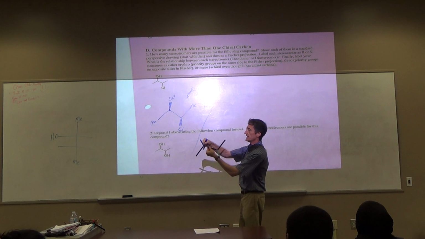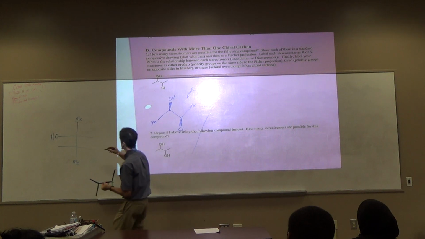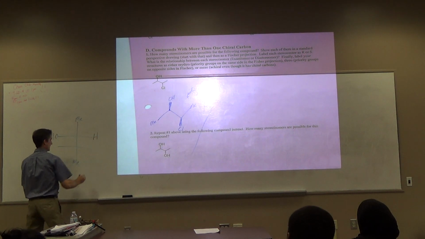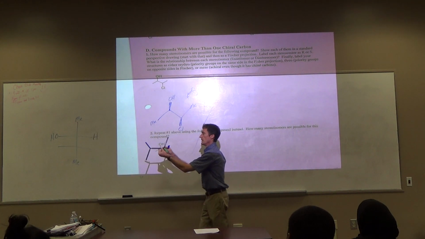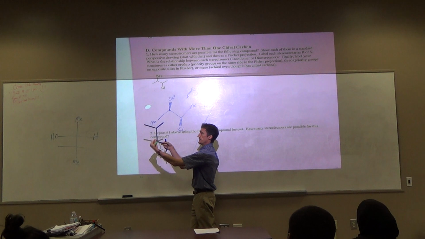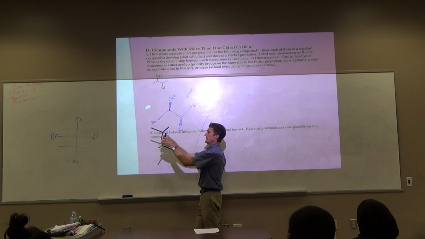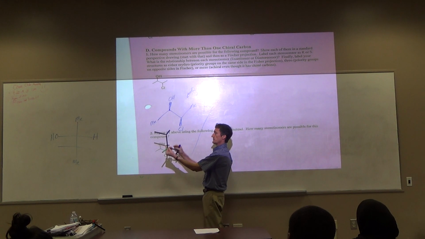Well, it's this little tiny H that's going back. And in Fischer, we draw in the H's. By the way, this is with the methyl going away. Now, let's look at the bottom carbon.